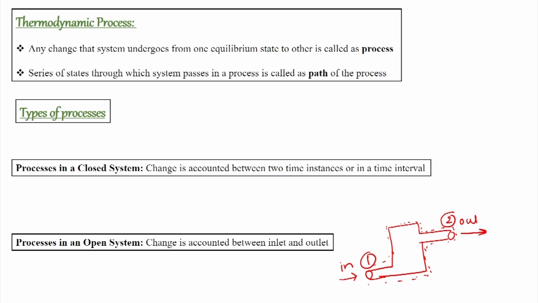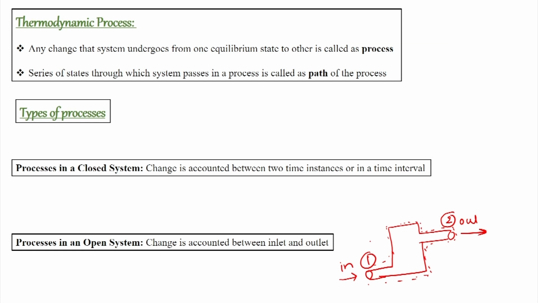While analyzing this open system, we consider the properties at station 1 and the properties at station 2. This is the change in conditions which the mass has undergone, and these are used for analyzing the open system.